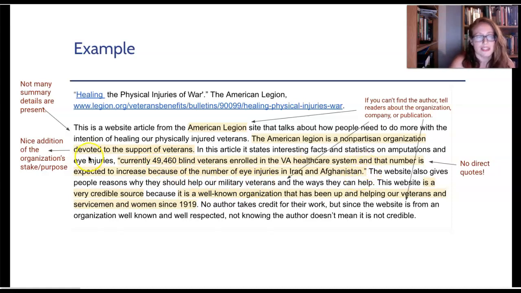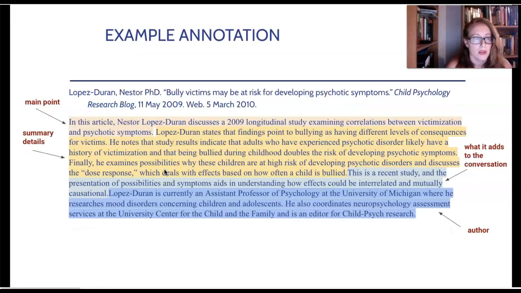They didn't need this quote to get it across. If you wanted to talk about this, you could put it in your own words and make it a little bit simpler. But you want to avoid including these sorts of big chunks of direct quote into your summary.